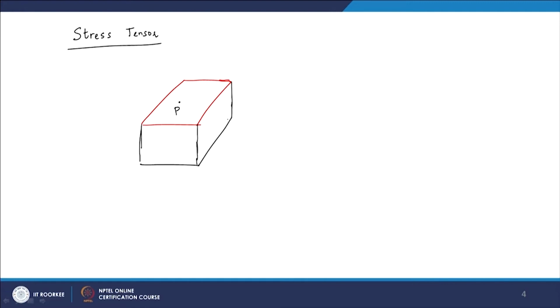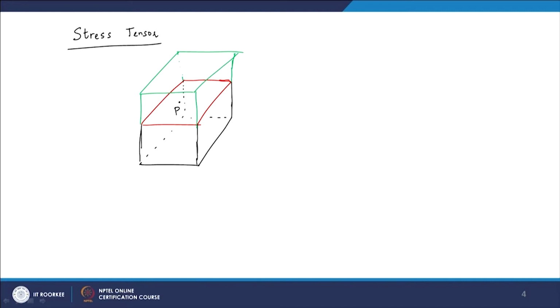In that case, I can think of the points below by this cube that I have drawn in black, and the points above. Okay.